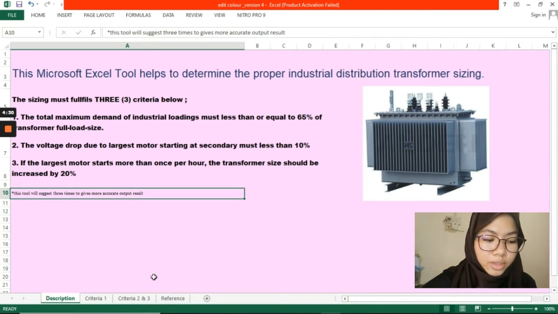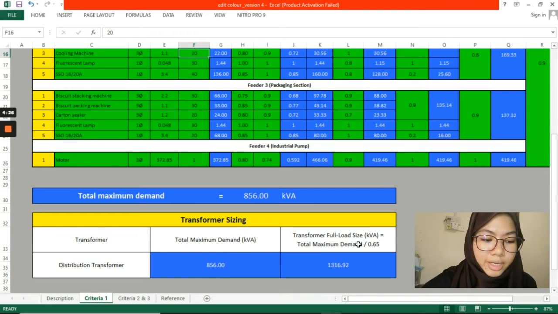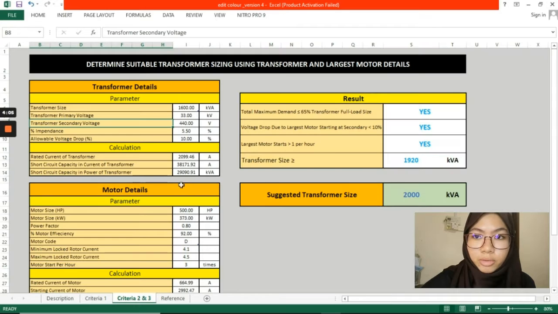So the total maximum demand will be divided by 0.65 and the value will be 1316.92. So this value will satisfy the first criteria. But we won't choose this value, as we will choose a size that is available on the market, which is 1.6 kVA.